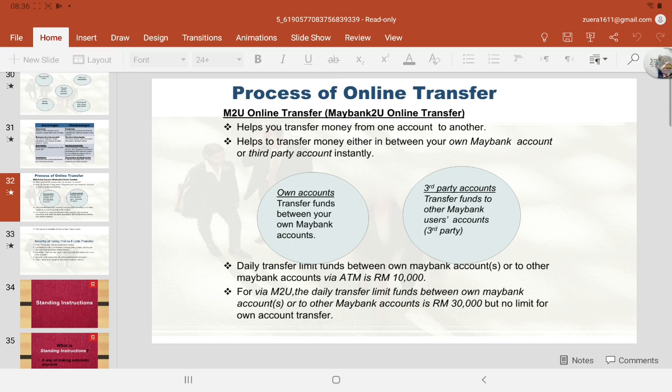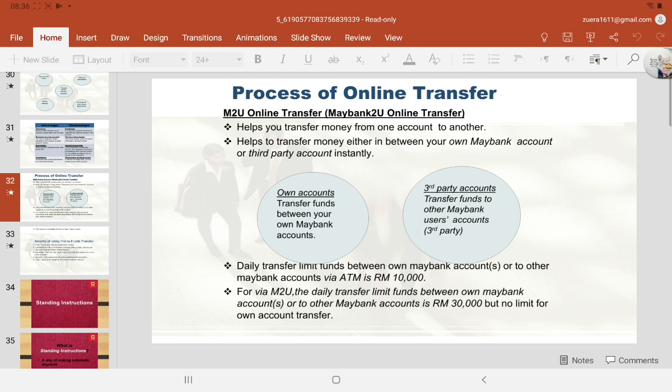So what is the process involved in the online transfer? For example, Maybank to you. I think you already know the process for the online transfer: you can just go to the website, and then you can transfer the money. Sometimes by using ATM or e-banking, there is a limit amount.